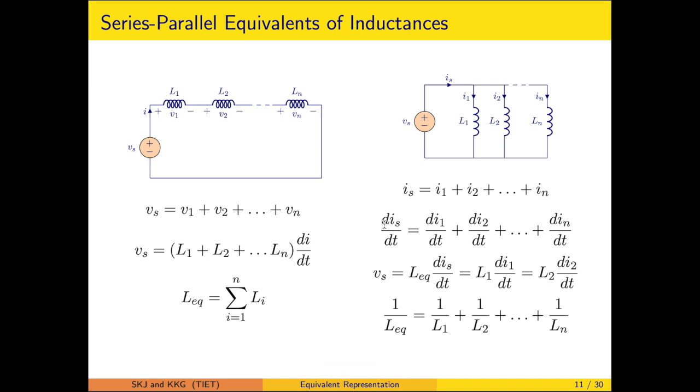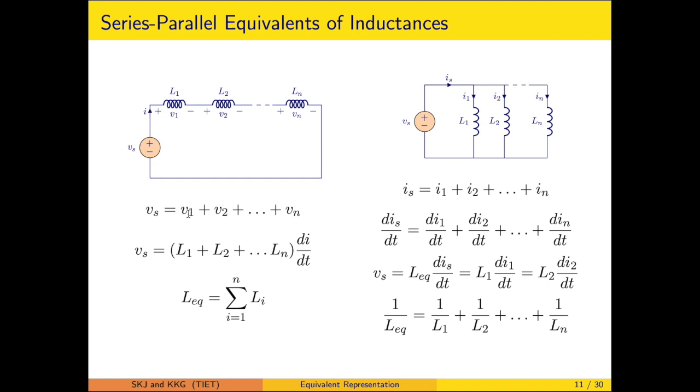Now on an analogous line we will make use of the equivalence of the inductance and the capacitance. The only equation we have to recollect for the inductor is that the voltage across the inductor depends on the inductance value L and the derivative of the current.